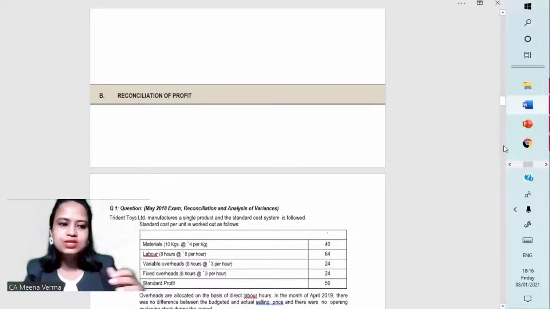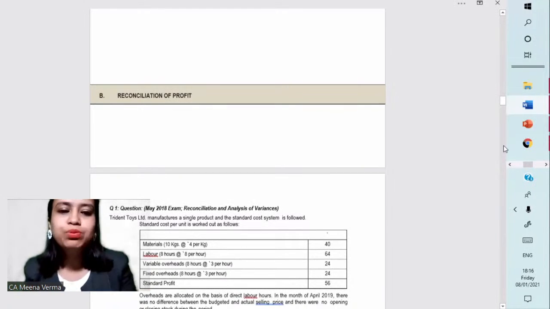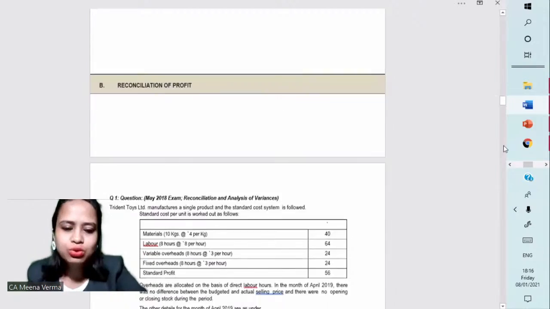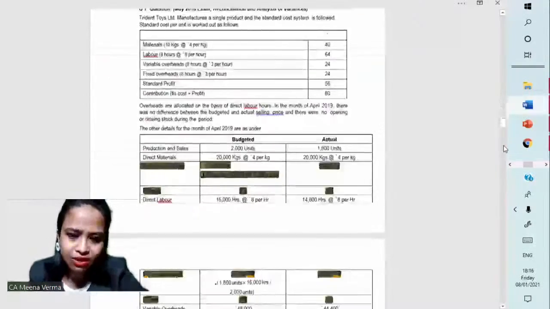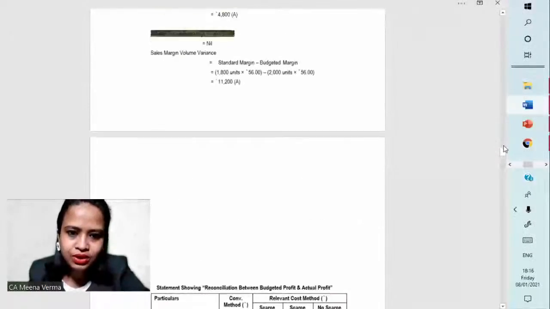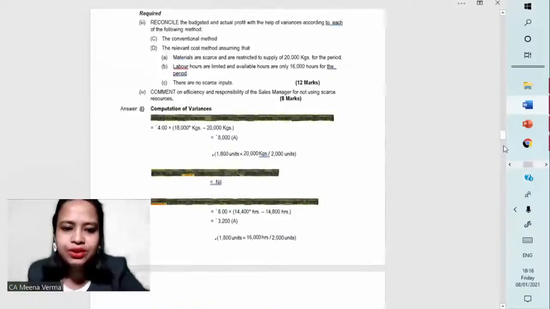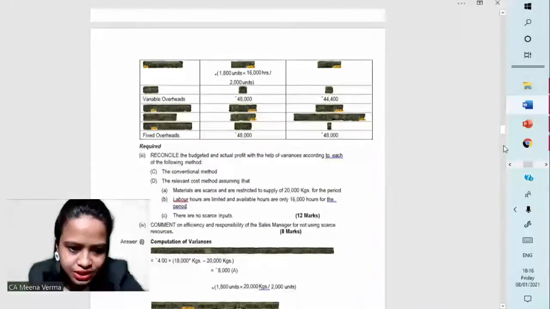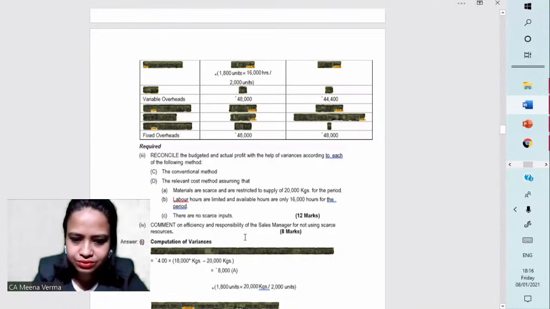But before that, first let us understand how to prepare a reconciliation statement. Okay, how to prepare a reconciliation statement. We have all these things. So I hope if you remember, if you have prepared a reconciliation statement anywhere.